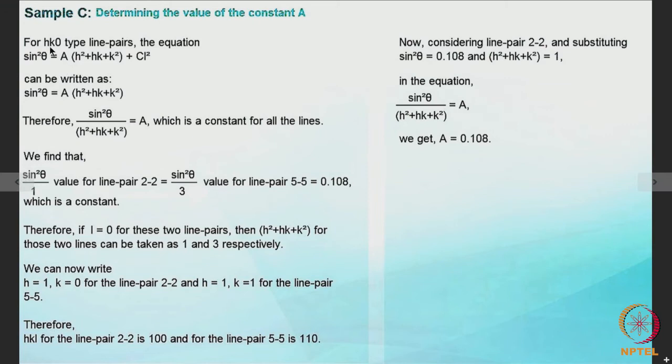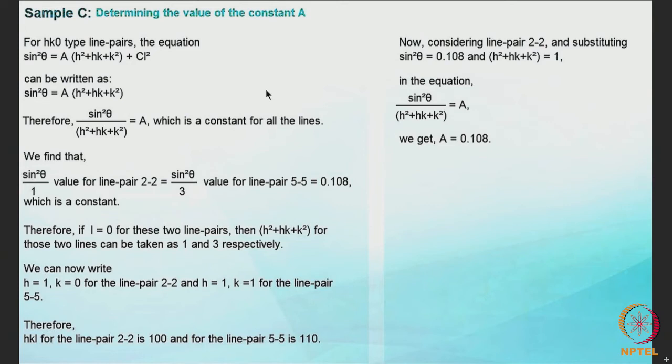If it is hk0 type of lines, l will be 0. So, in that case, this equation can be written in this form. Therefore, sin square theta divided by h square plus hk plus k square must be equal to A, which is a constant for all the lines.